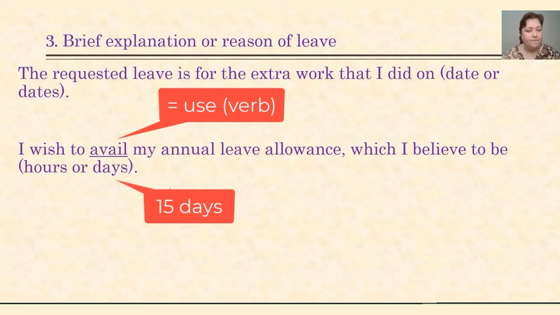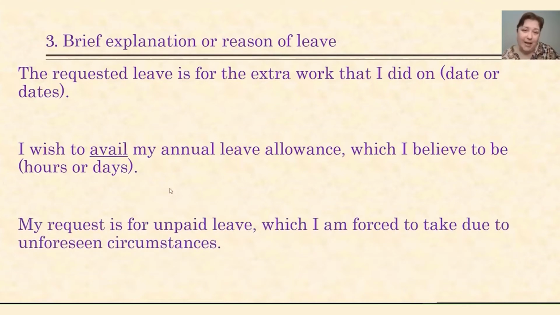I wish to avail my annual leave allowance, which I believe to be however many hours or days you have for holiday leave. Okay. And the final example here, while we are giving a reason for leave: my request is for unpaid leave, which I am forced to take due to unforeseen circumstances. So now here you are requesting unpaid leave. You know you will not be paid, but you have no choice. You have to take this leave because of unforeseen circumstances.